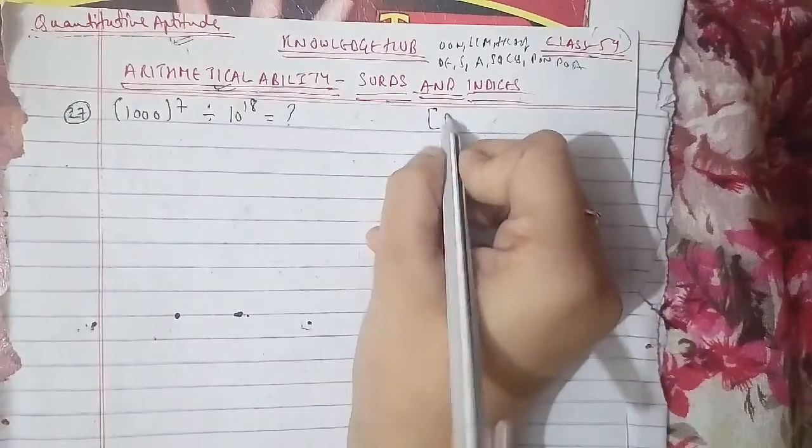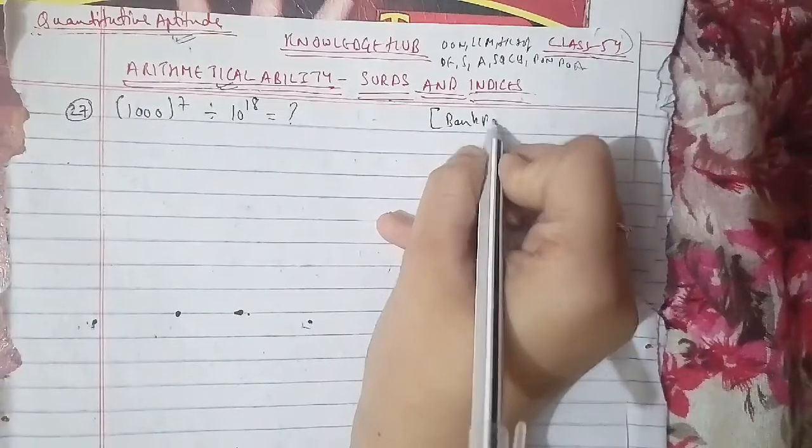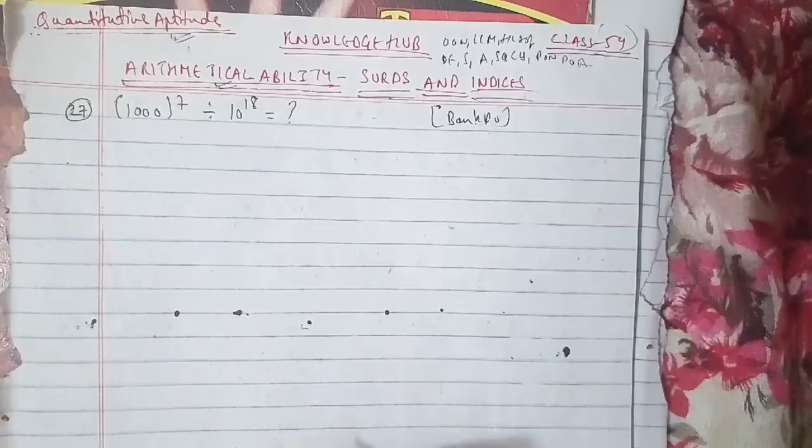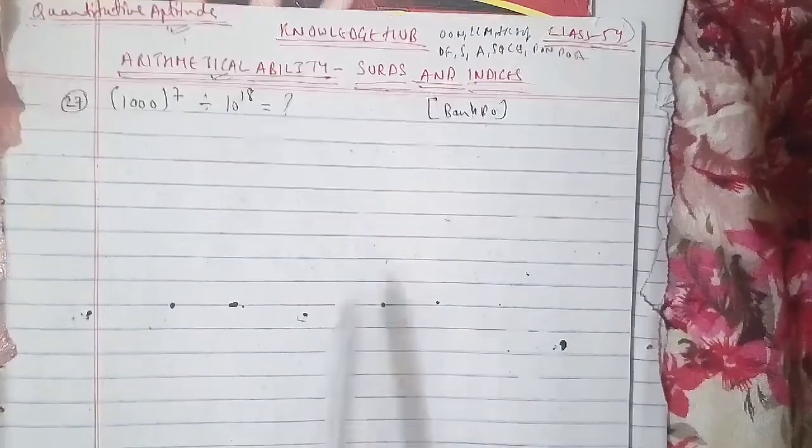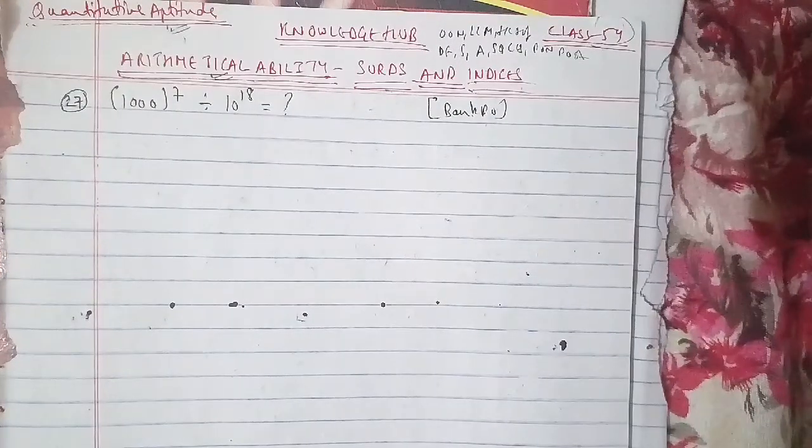The options are 10, 100, 1000, 10,000. We'll go ahead and find the answer, and this is important too. This is the 27th question of the session.